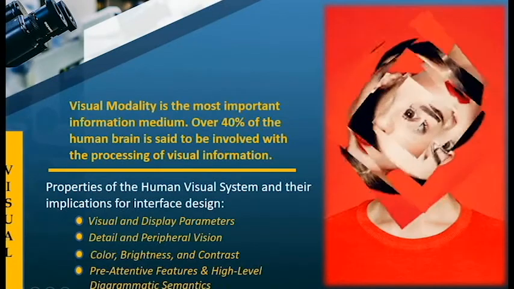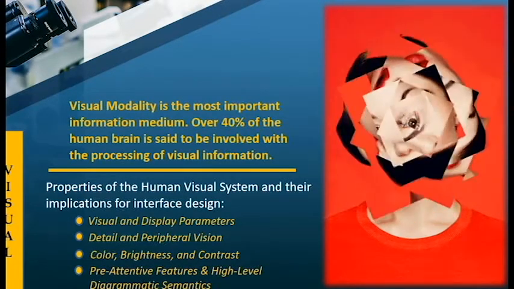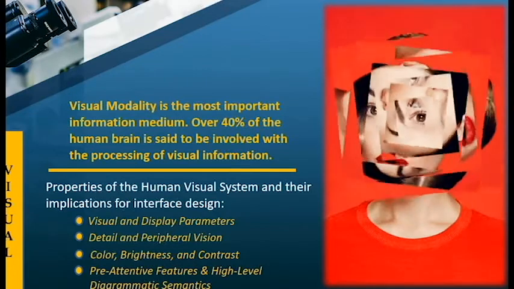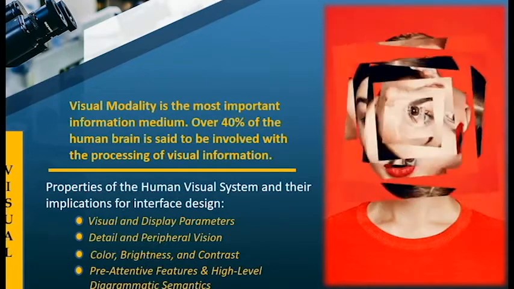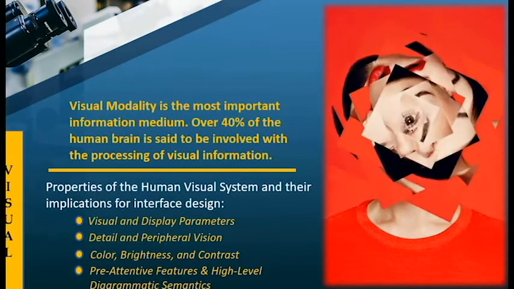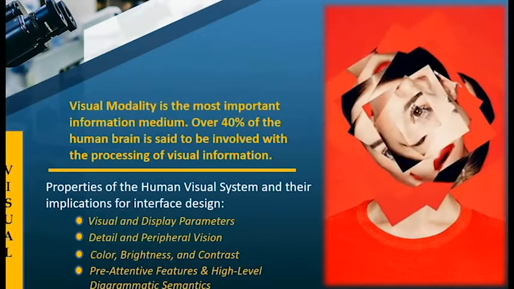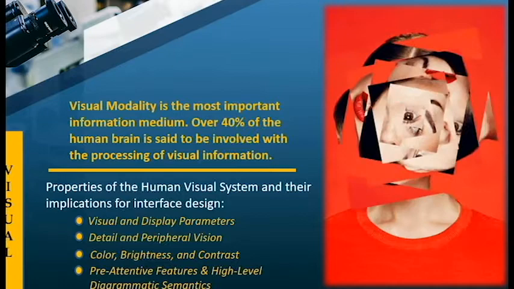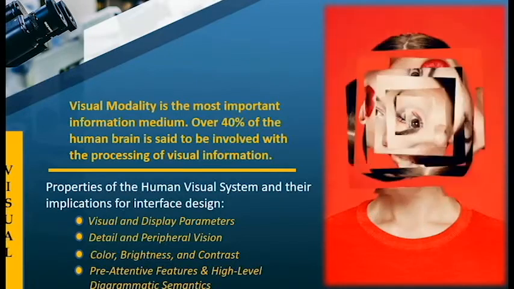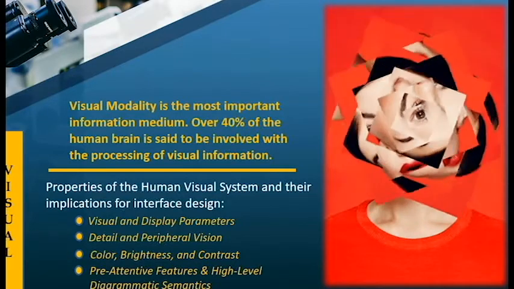So let's have the visual first. Visual modality is by far the most important information medium. Over 40% of the human brain is said to be involved with the processing of visual information.